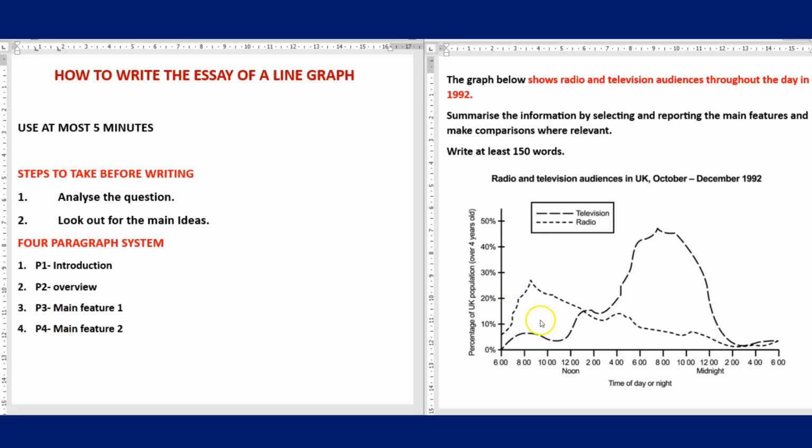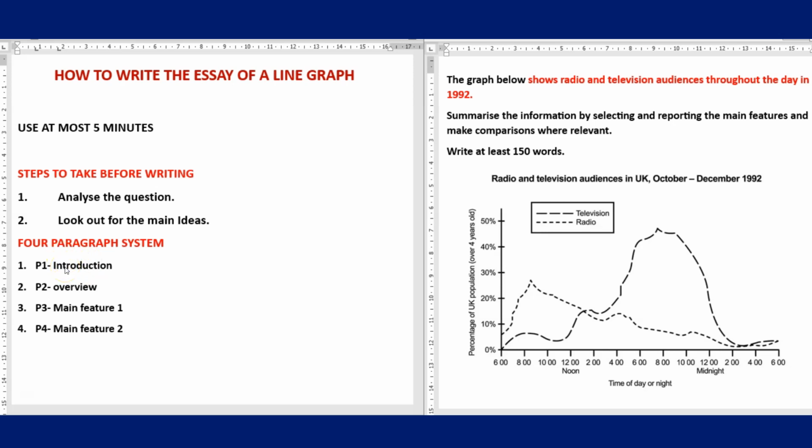And then the main features is where we pick the most prominent parts of the graph, and then we describe them in detail. We make comparisons, okay, and then we also talk about each and every one of them in detail. So we'll be looking at it more in depth, okay? But this is what you should know, that we deal with it in 4 paragraphs.